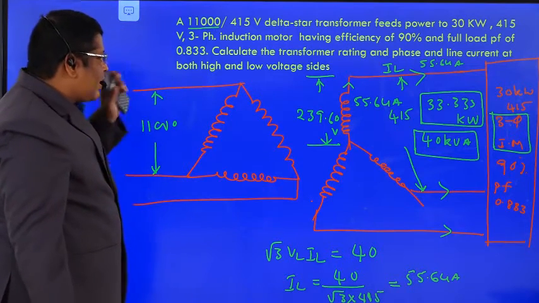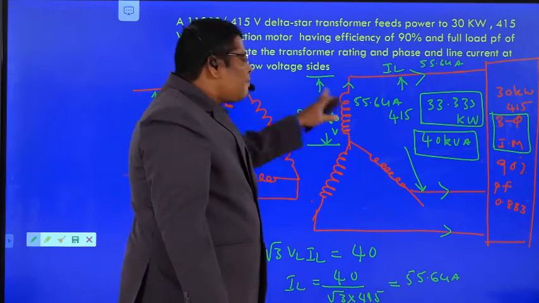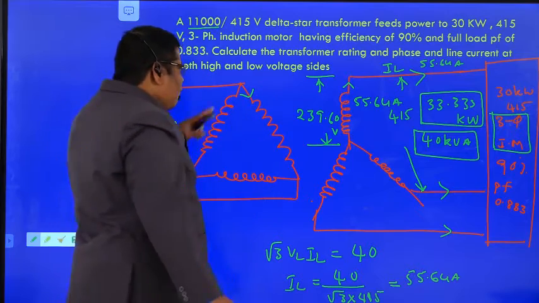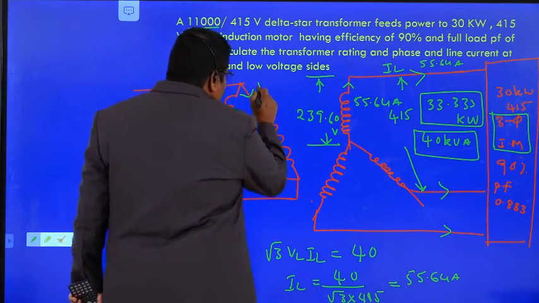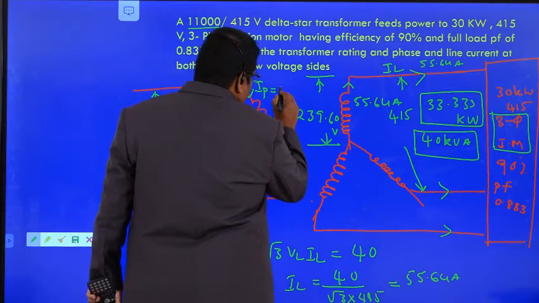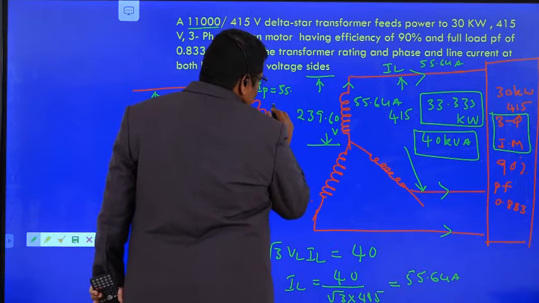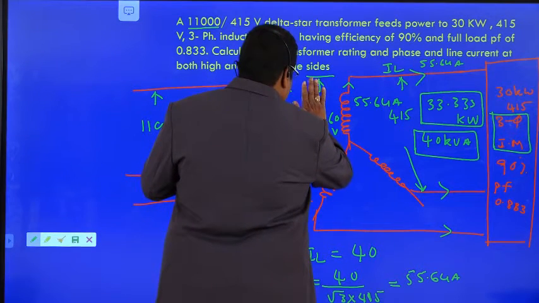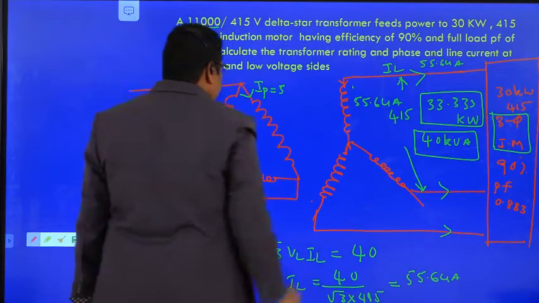Now we have to find out the current. See here, secondary per phase current is given. So per phase primary current IP equal to the secondary phase current, 55.64.